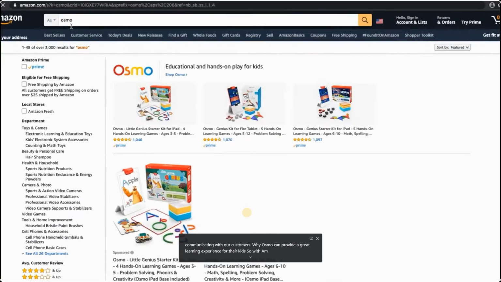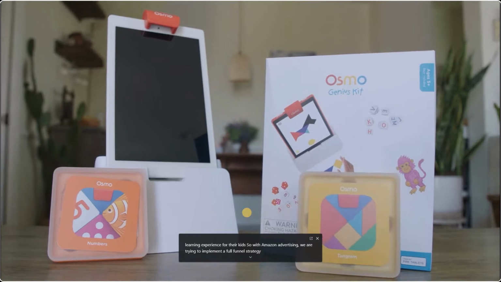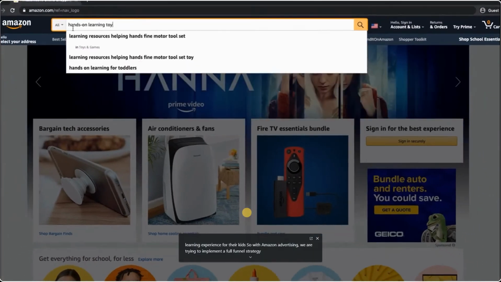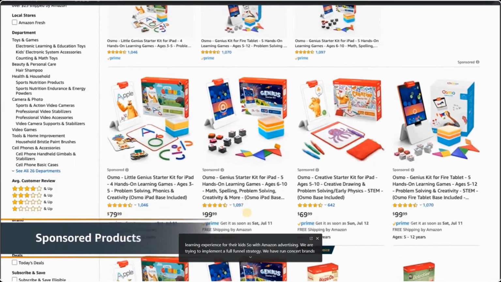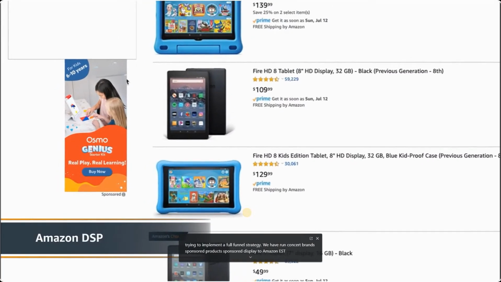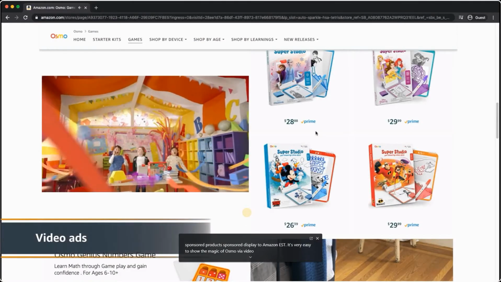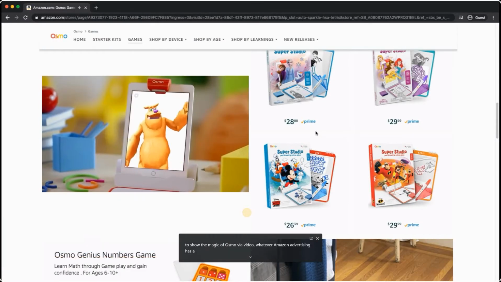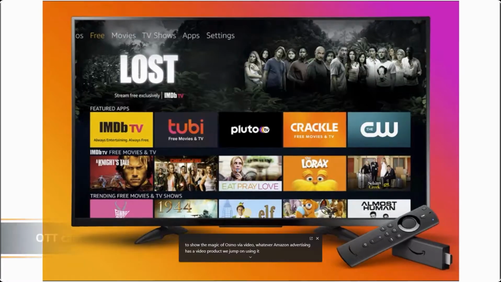So with Amazon advertising, we are trying to implement a full funnel strategy. We have run sponsored brands, sponsored products, sponsored display to Amazon DSP. It's very easy to show the magic of Osmo via video. Whenever Amazon Advertising has a video product, we jump on using it.